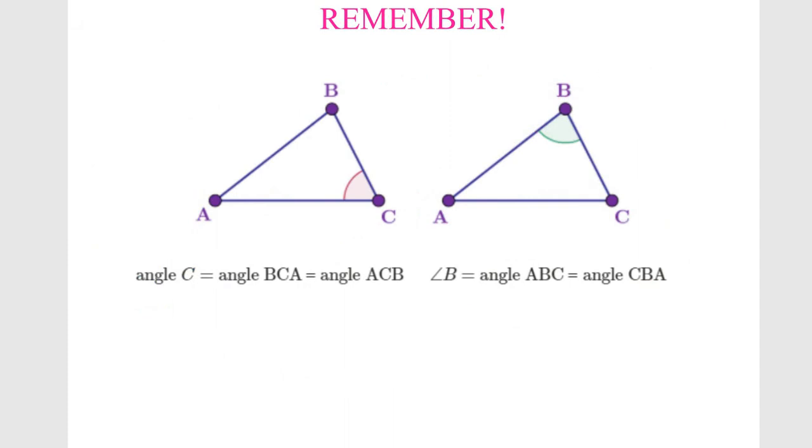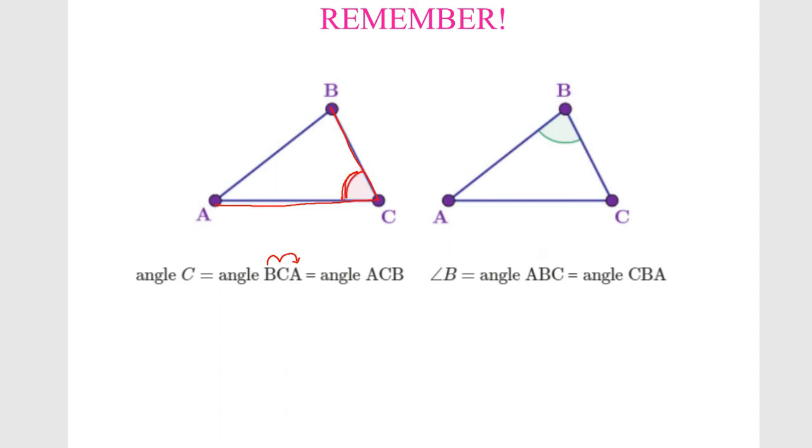One of the biggest problems I see when it comes to labeling things, when kids have to draw their own figures, is they mess up labeling the angles. So notice I go from B to C to A. Draw your line from B to C to A, and notice this is the angle I covered.